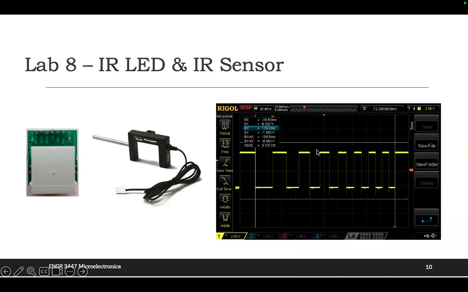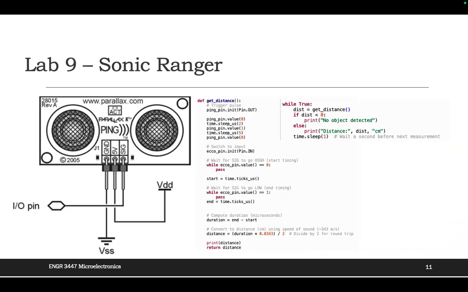The Pico read the data, and then we analyzed this data and tried to calculate the gravitational acceleration. And lab 9 was another application. We used the Sonic Ranger to measure the distance between the Pico and another object. Do you remember? Those are all applications the Pico can do.